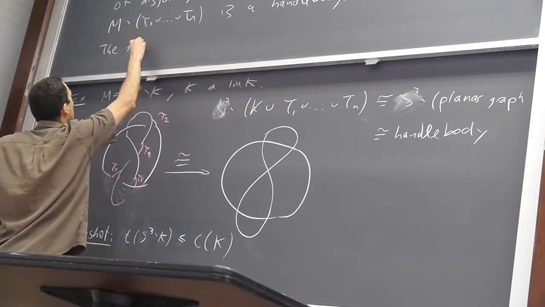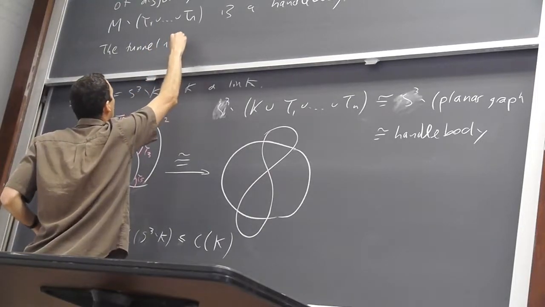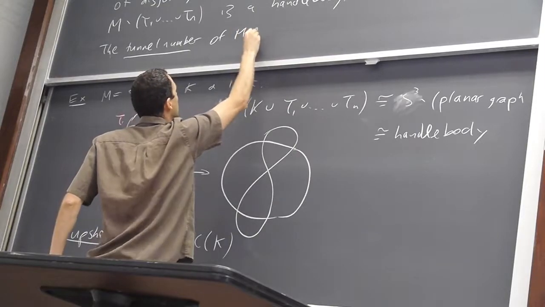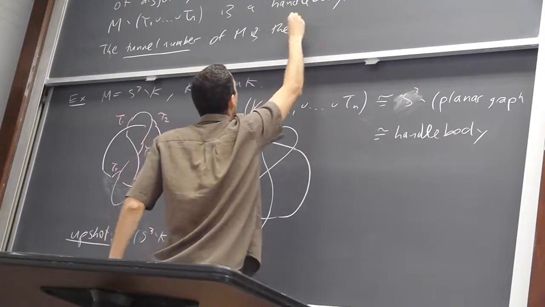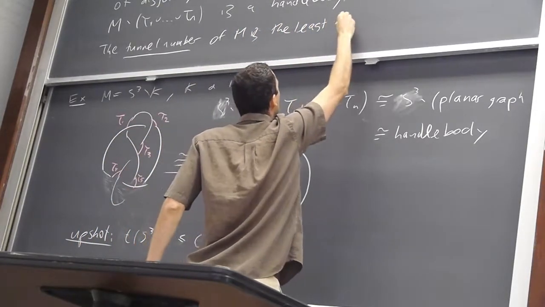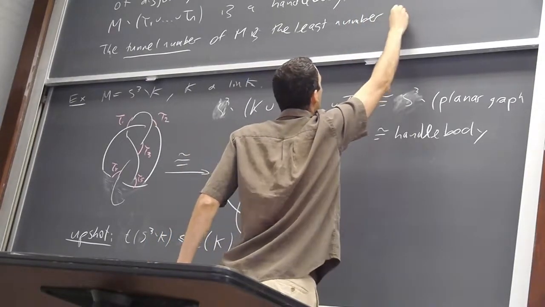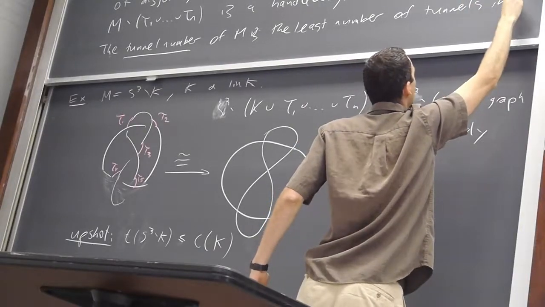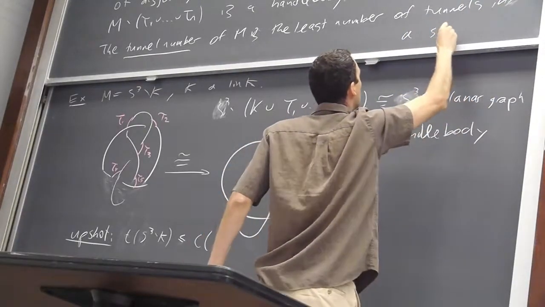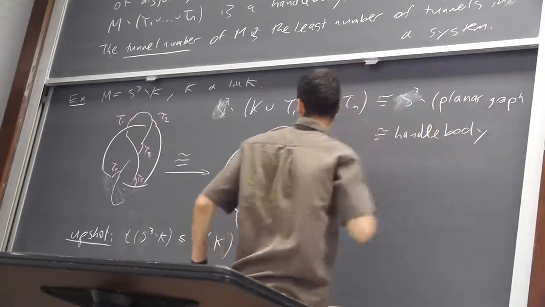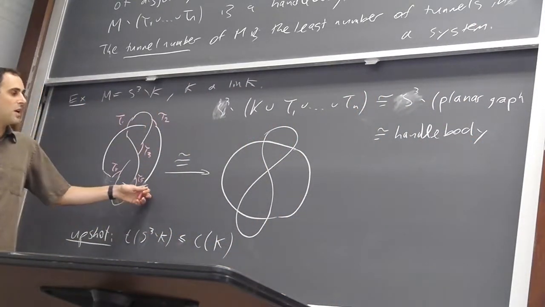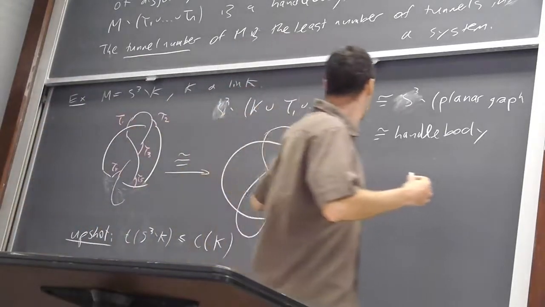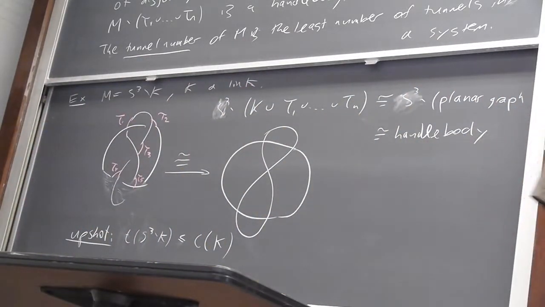The tunnel number of M is the least number of tunnels. So this tells you that if you have a projection diagram with 5 crossings, then 5 tunnels will certainly suffice. In this particular example, it's massive overkill, so you can do much better.